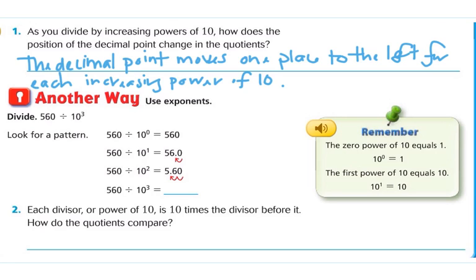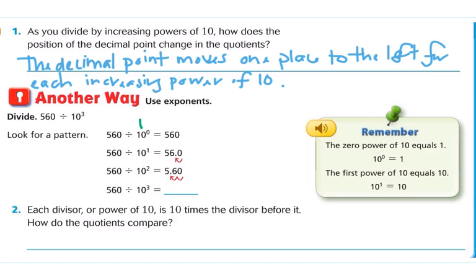So boys and girls, another way to solve these problems is we can use exponents. So it says to divide 560 divided by the 3rd power of 10. Now what we can do is look for a pattern. 560 divided by the 0 power of 10, which is 1, would give us 560.